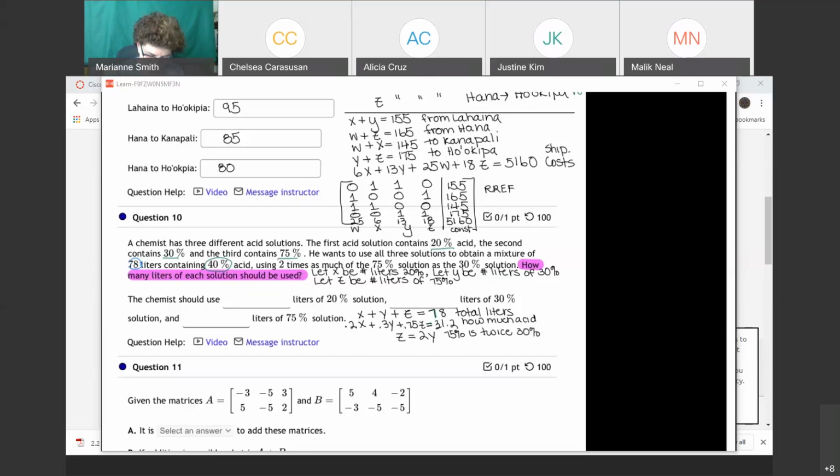Okay, and again, you put this in a matrix. Remember, you need to rewrite this last equation so it's in standard form.